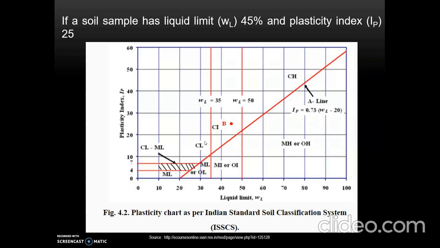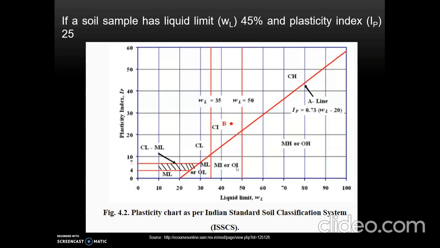So here we can see CL represents clay soil with low plasticity, CI represents clay soil with intermediate plasticity, and CH represents clay soil with high plasticity. Similarly, ML stands for silty soil with low plasticity because it is below 35%, and MI represents silty soil with intermediate plasticity because it lies within the range of 35 to 50%.